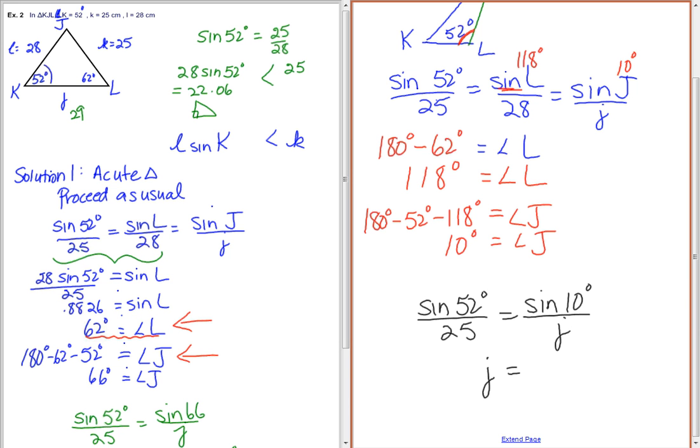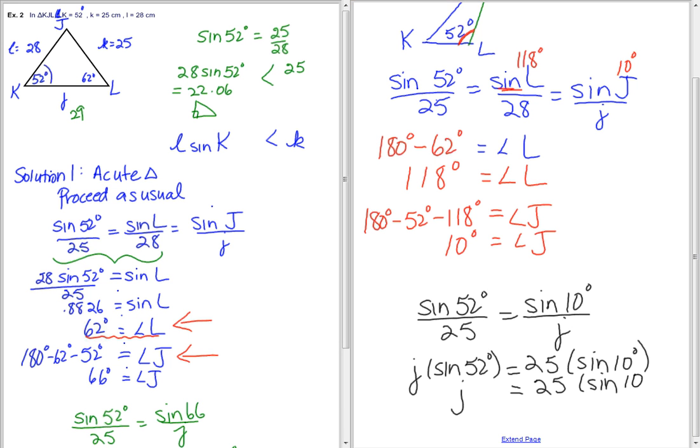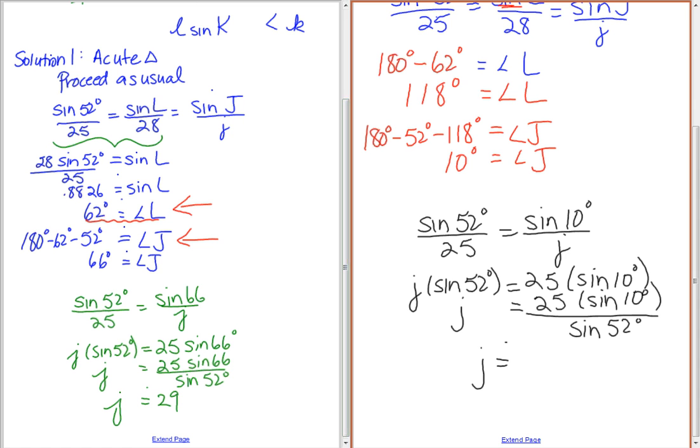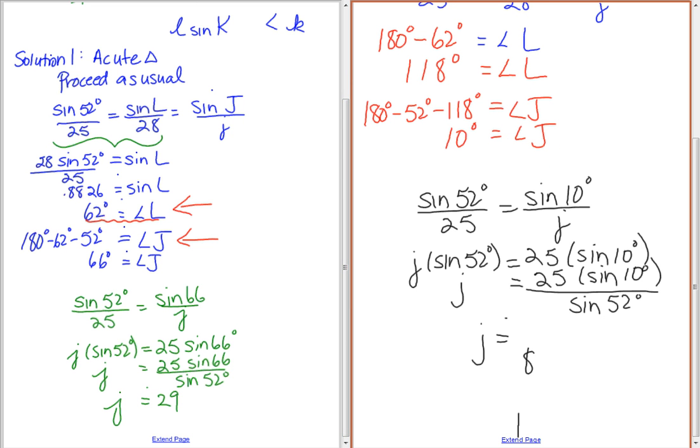And I would get a j value of, well, let's write the middle line, j times sine 52 equals, multiply both sides by 25, 25 sine 10, divide both sides by sine 52, and type it in our calculators. And we get, for this one, an approximate value for j of 18.2.